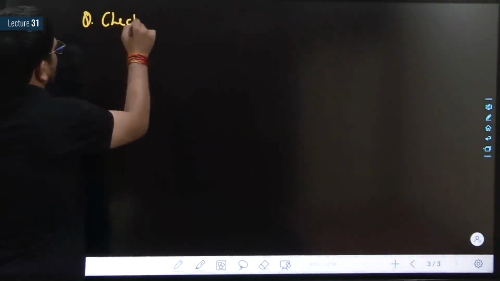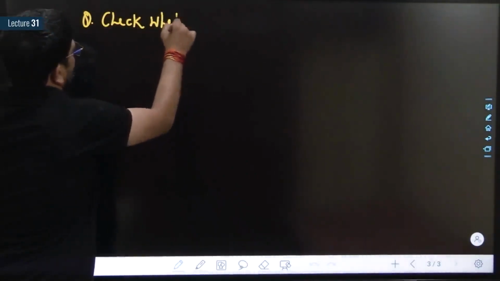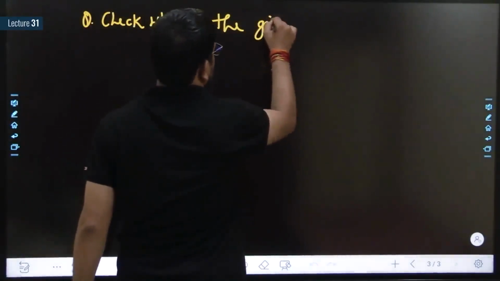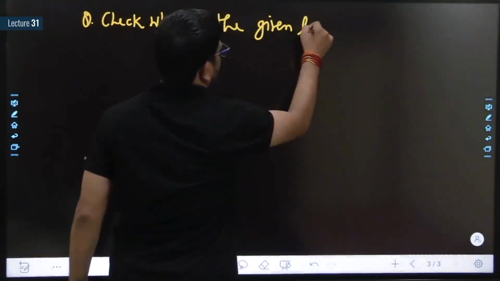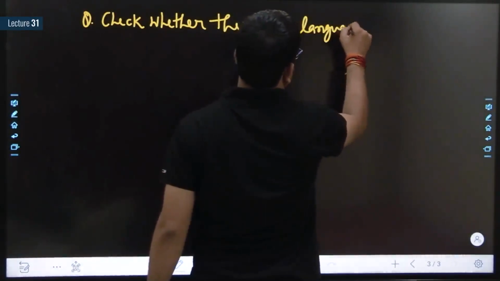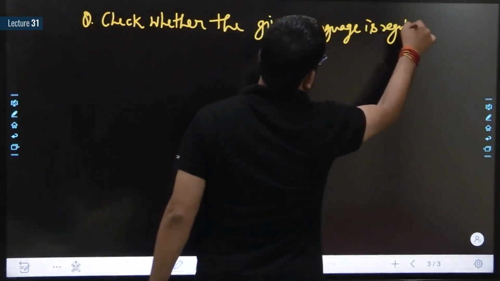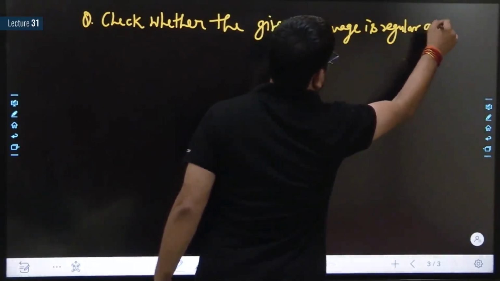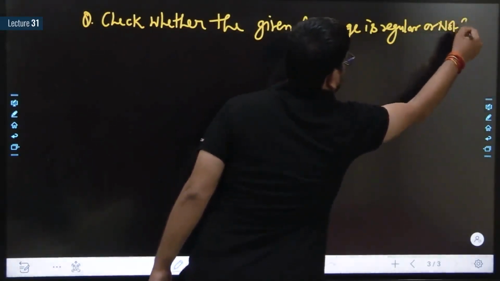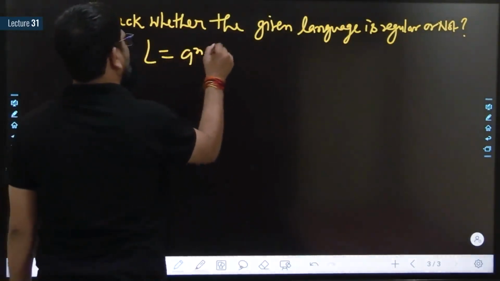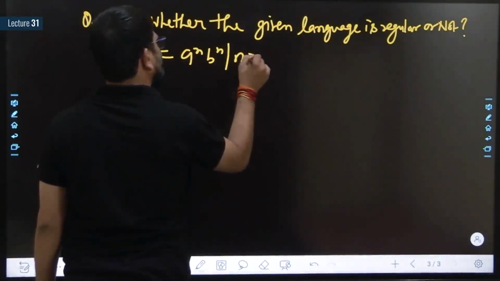Check whether the given language is regular or not. The language is a to the power n, b to the power n such that n is greater than or equal to 1.